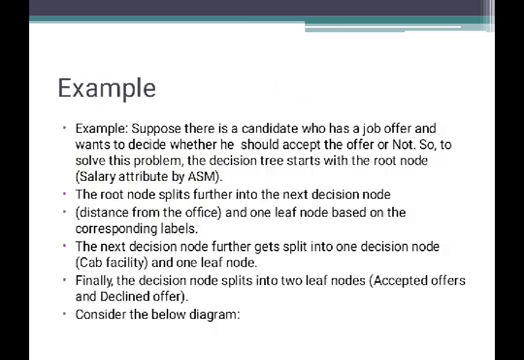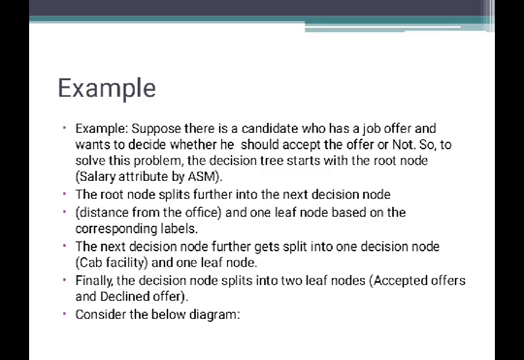Let us see one example so we can better understand how to construct the decision tree. Suppose there is a candidate who has a job offer and wants to decide whether he should accept the offer or not. To solve this problem, the decision tree starts with the root node.